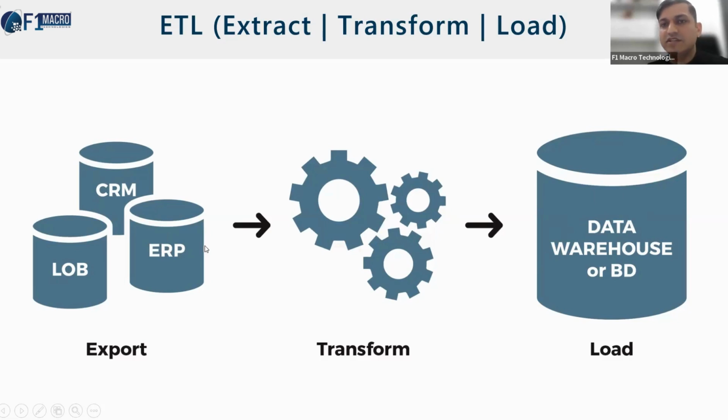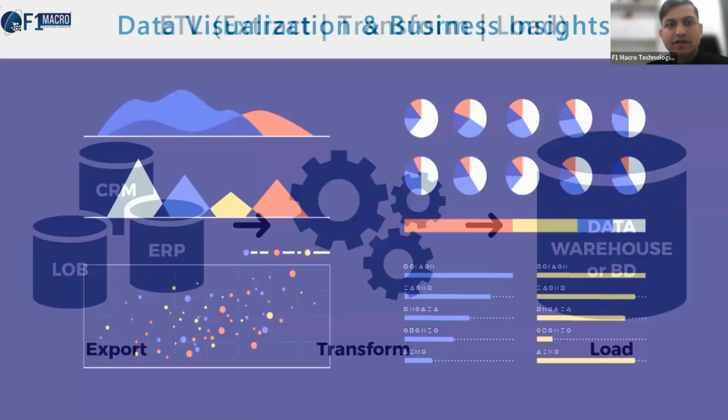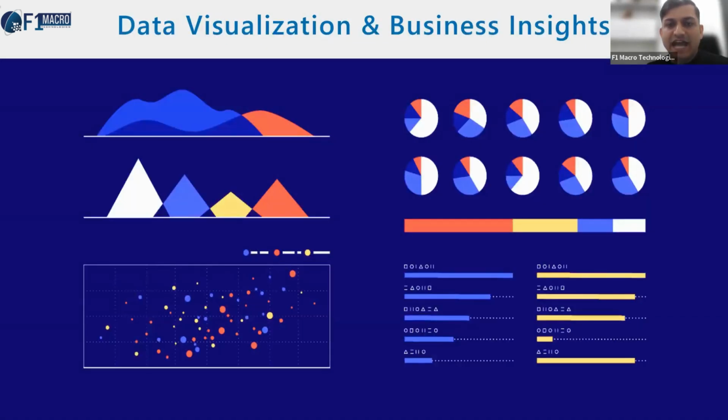Before visualizing data, we manage the data in the backend, and only then do we analyze it. After we have the data in our data warehouse, we can visualize it and generate business insights. For example, I ask: what is the total growth for the month of January 2024 compared to January 2023?